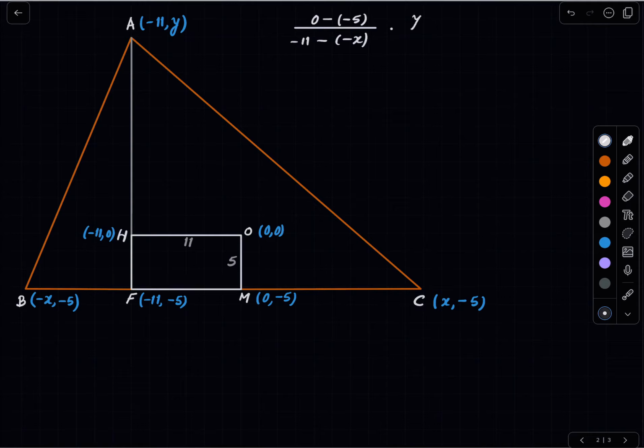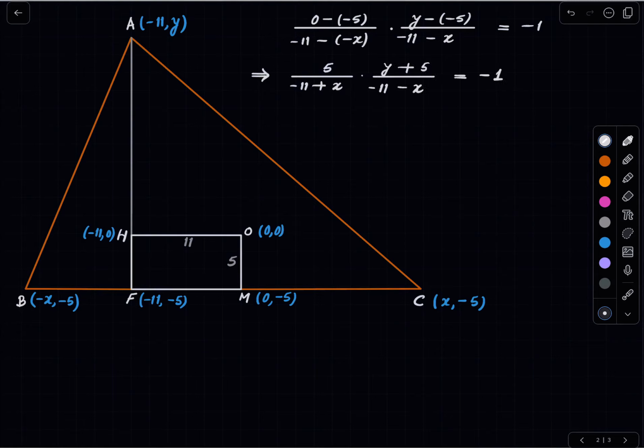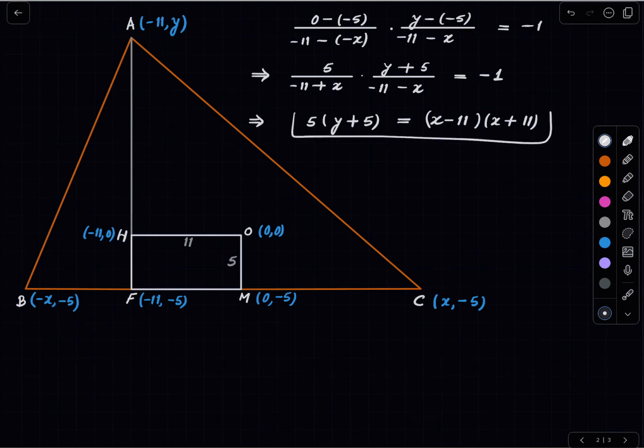Slope of AC is this number, and this is minus 1. We'll have to calculate this, but I think what we will get is this equation. Just cross multiplying, we get this equation, which let's box it for the moment.